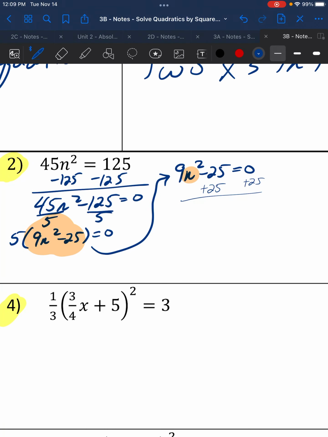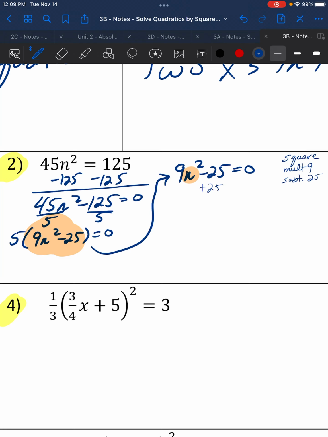The order of operations, I should have done that before. From the n, it would be square first, and then you'd square the n, then multiply by 9, and then subtract 25.